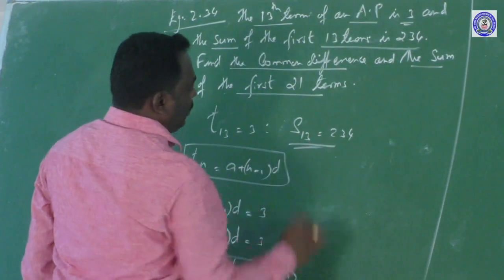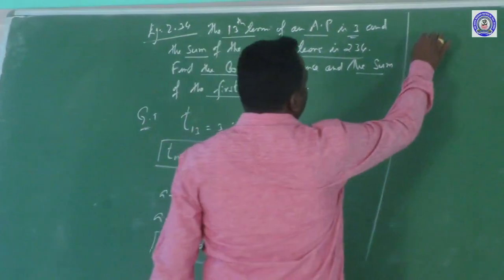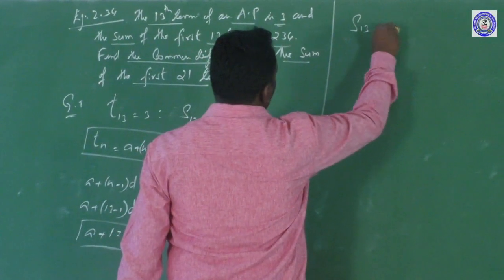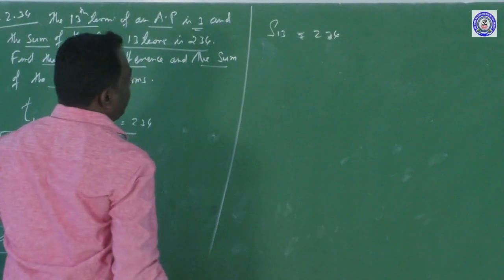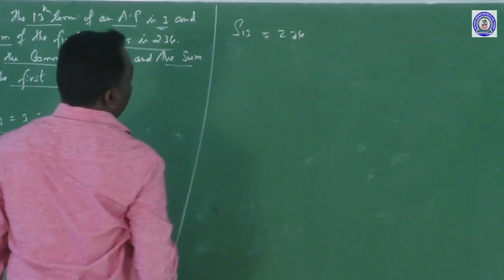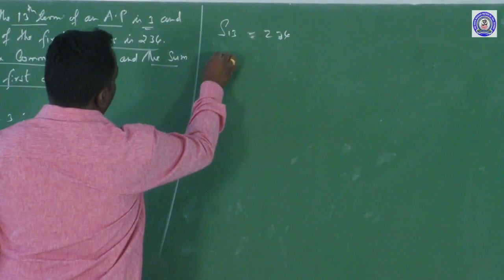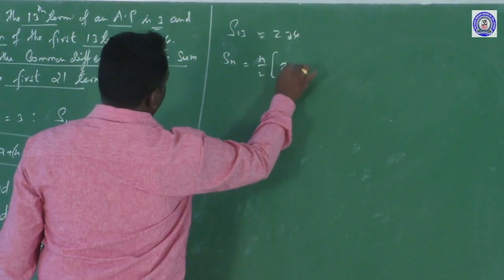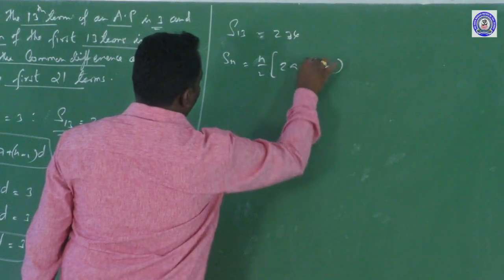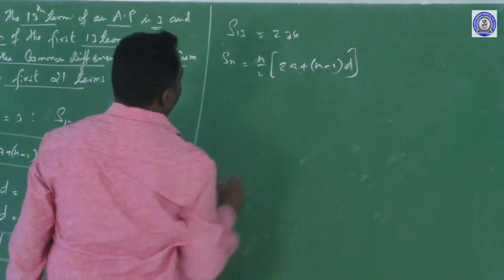Now let's take the summation. S13 is equal to 234. Now apply the Sn formula. Sn is equal to n by 2 within the bracket 2a plus (n minus 1) into d. It is called the summation formula.